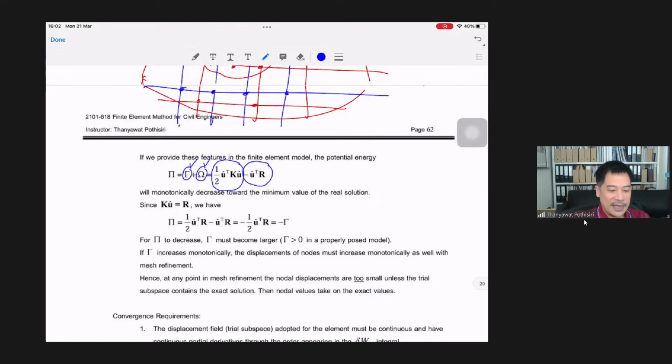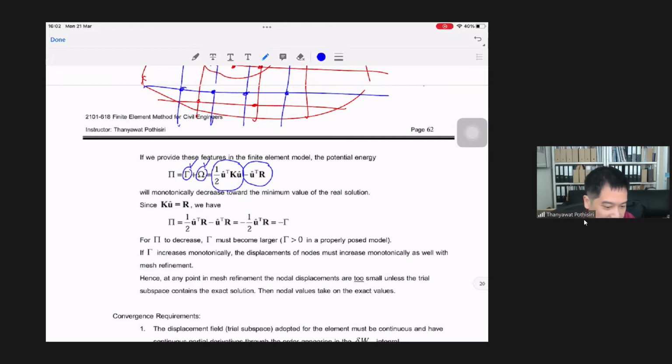Suppose we have an external force, then you apply the virtual displacement field. So you can compute the work done through these external forces as well. So you can basically write the potential energy in this form.